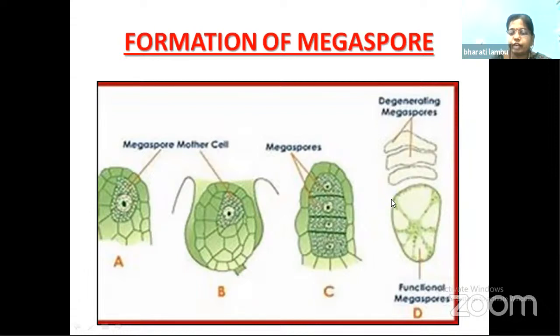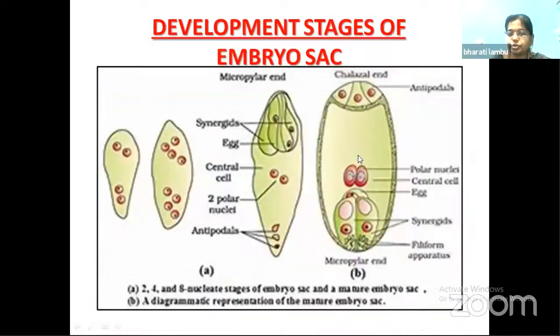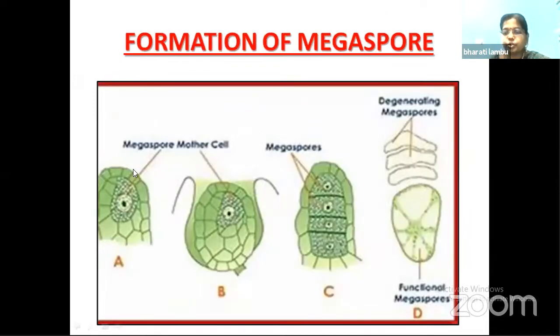So we have got the functional megaspore. Now this functional megaspore will undergo mitotic division. It will first form 2 nuclei. Here it is not shown, but from this single megaspore, the nucleus will divide mitotically to form a 2 nucleate structure.